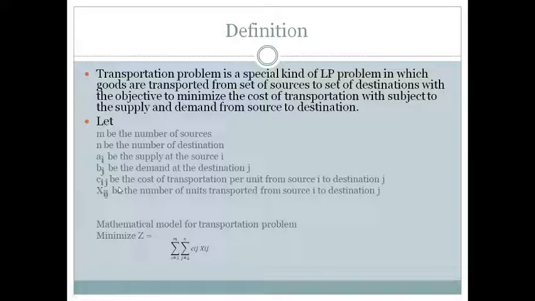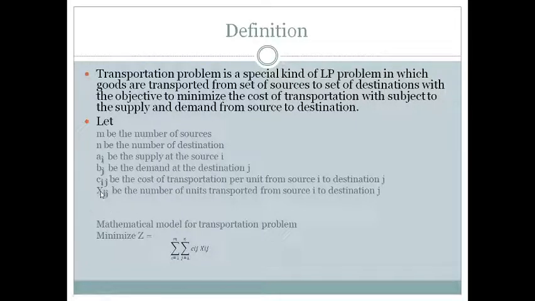That means the cost involved in moving one unit from source i to destination j. And x of ij is the total number of units we are supposed to transfer from source i to destination j.